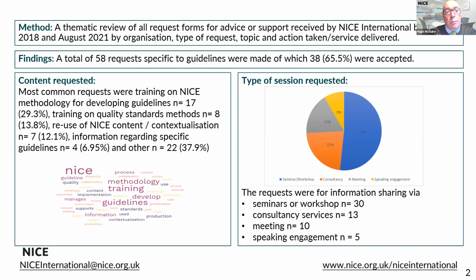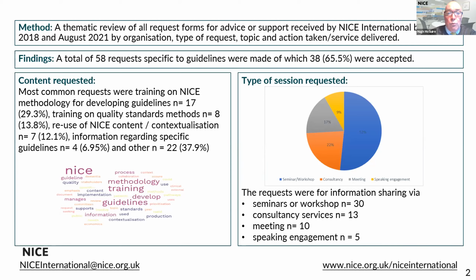And most of the content that's requested is around how NICE develops guidelines and the processes it follows. And that's not just the meta-analysis and the committee work, but it's how NICE organizes its suite of guidelines, at the moment over 300 guidelines, and how it keeps them as up to date as possible.